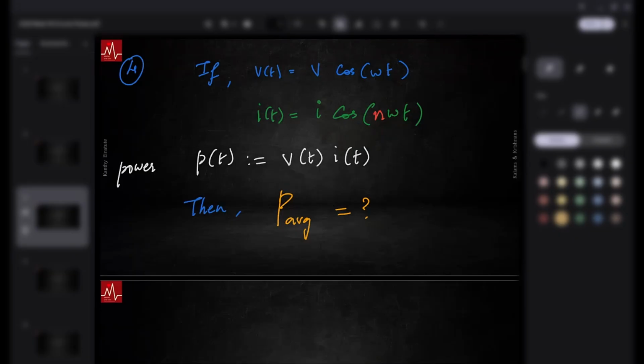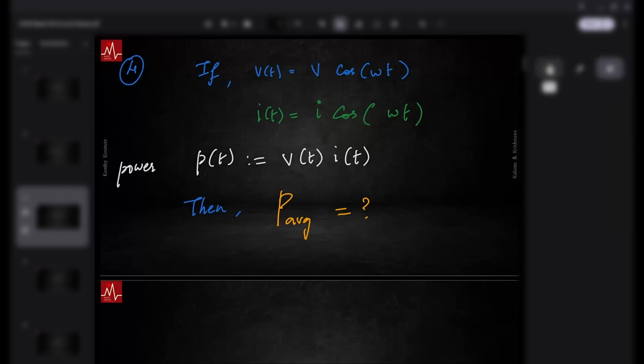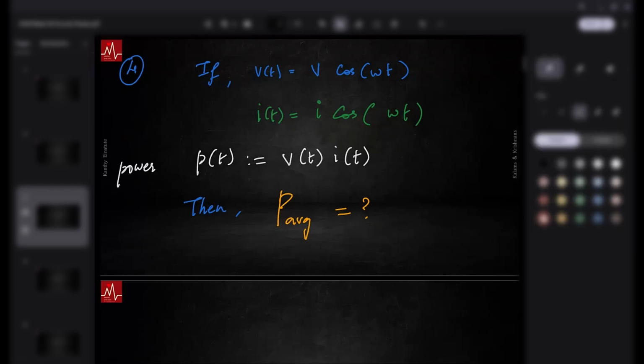V I by 2. So notice I highlighted n for a specific reason. I'm not asking V cos omega t, I cos omega t. I am putting V cos omega t and then there is an integer multiple where n is an integer. Now, anyone?